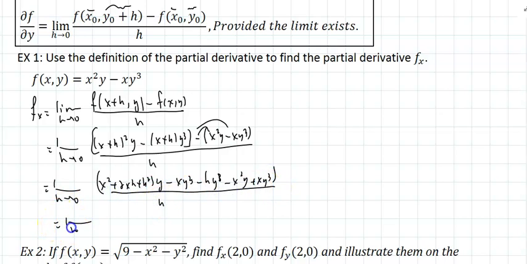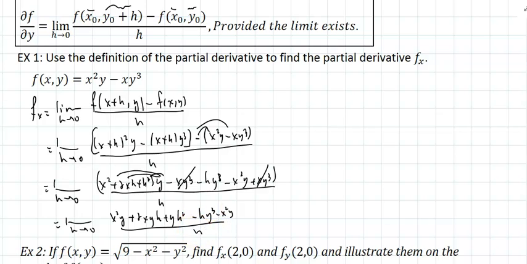That would be the limit as h approaches 0. And if I distribute the y in, that is x squared y plus 2xyh plus y h squared. And I'm going to copy the rest. Now I notice those two drop off. No need to copy them.